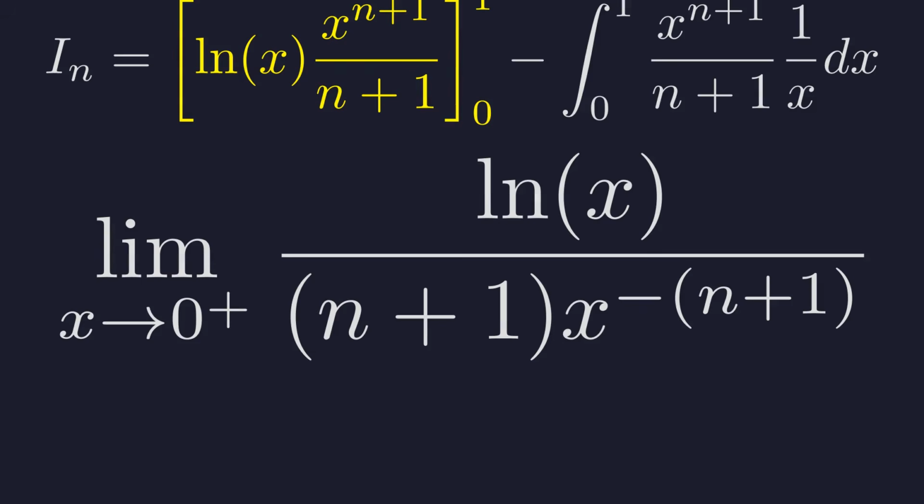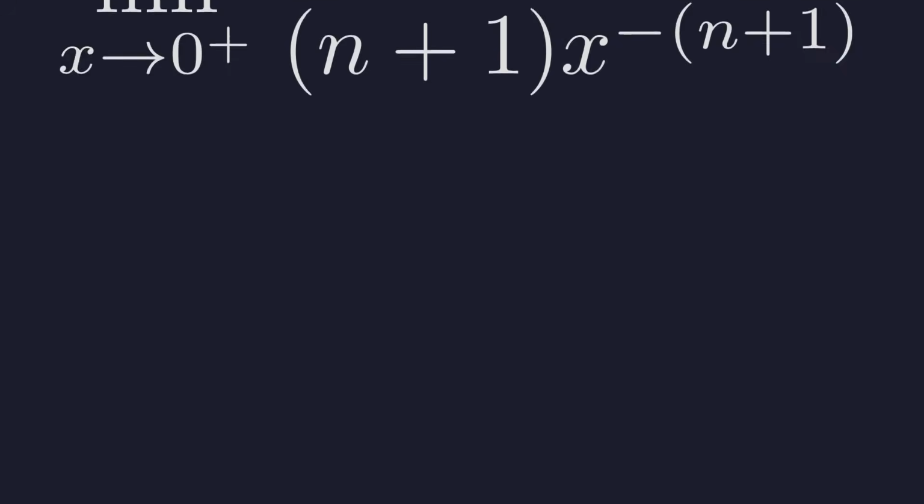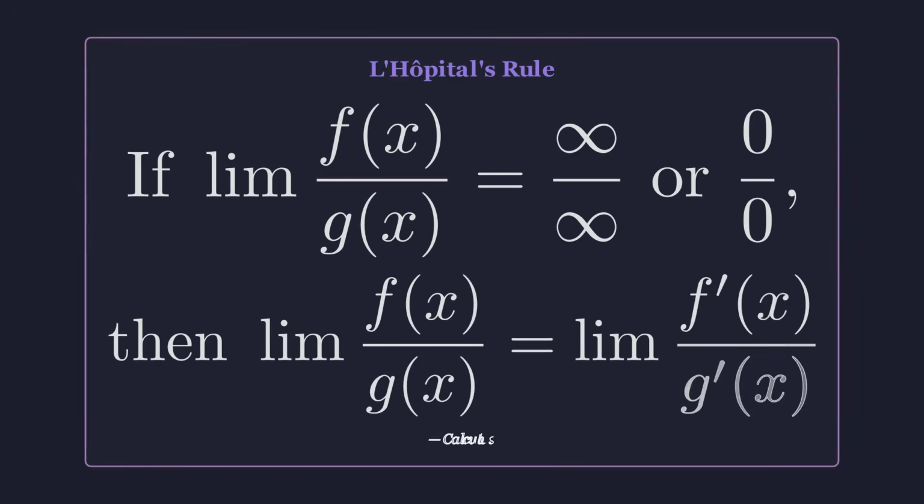To solve this, we rearrange the expression into a fraction of the form infinity over infinity, so we can apply L'Hopital's rule. L'Hopital's rule states that for indeterminate forms, we can take the derivative of the numerator and the derivative of the denominator separately and then evaluate the limit.